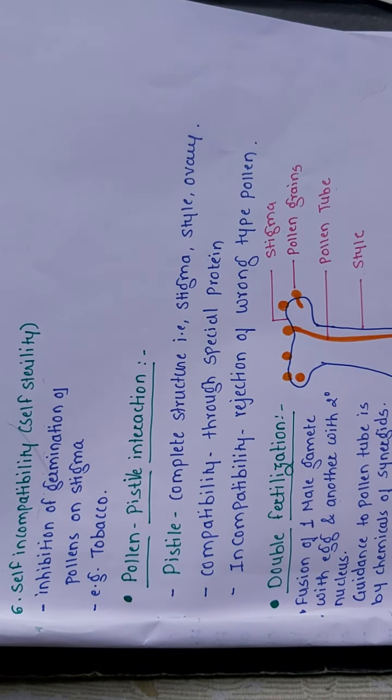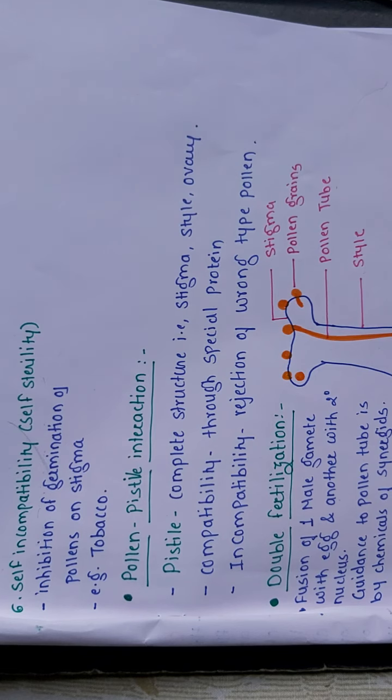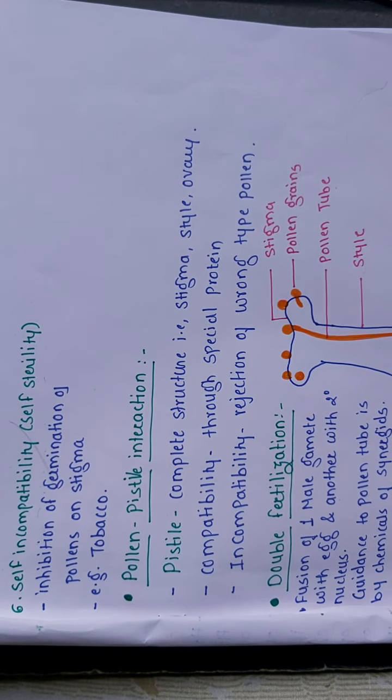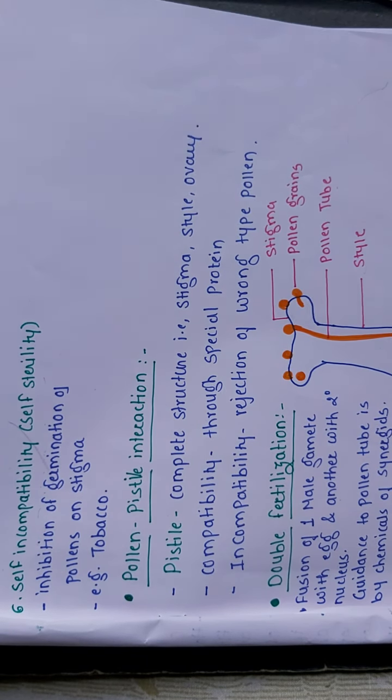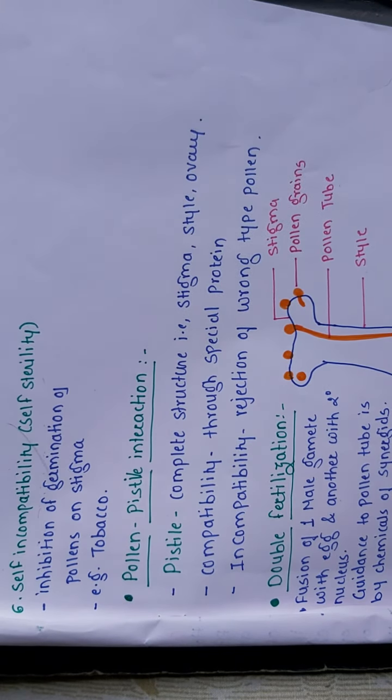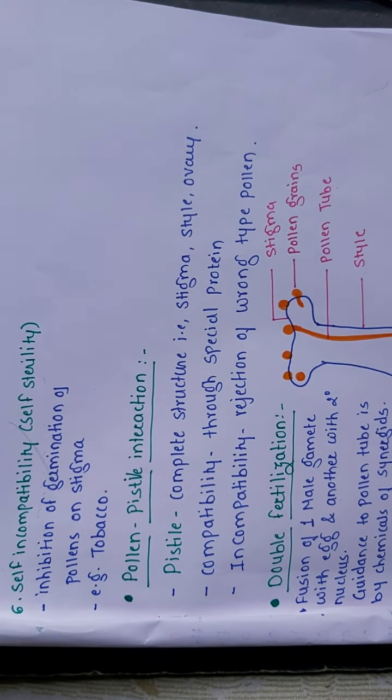Now in this pollen-pistil interaction, so many right types of pollen or wrong types of pollen fall onto the stigma surface. So there are specialized proteins which recognize the right type of pollen and discard the wrong type of pollen, right? That is why they have given the two terminologies, compatibility and incompatibility.